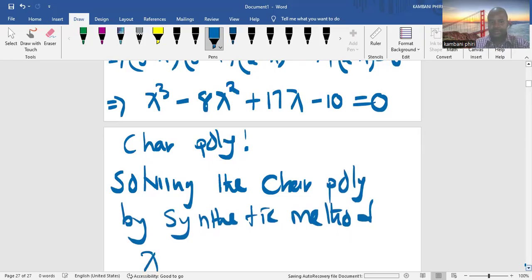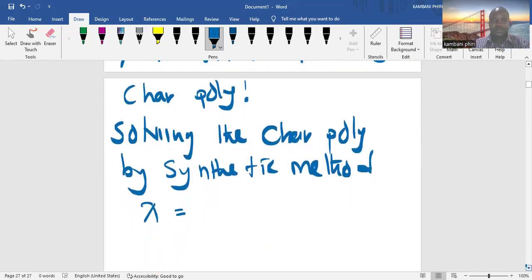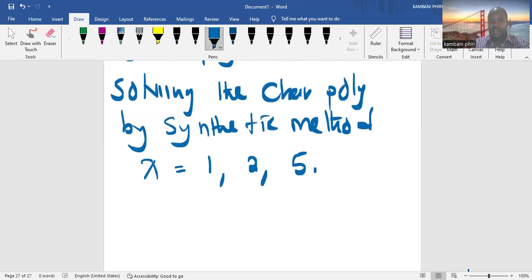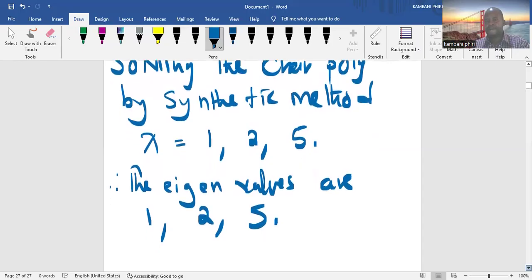Our lambda will be 1, 2, and 5. Therefore, the eigenvalues are 1, 2, and 5.